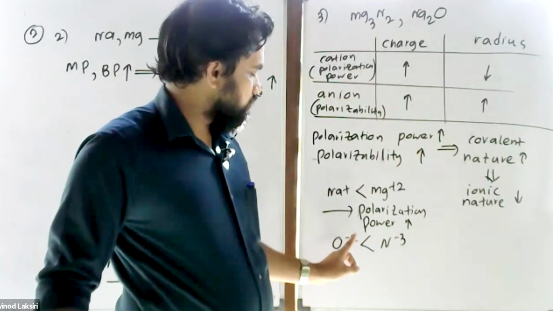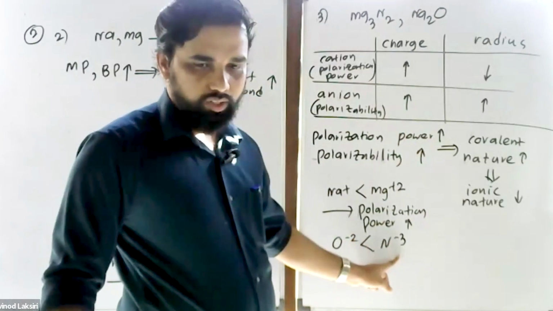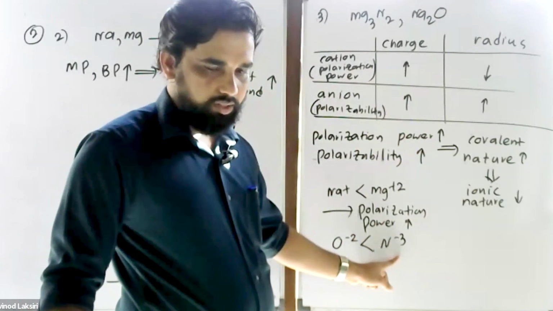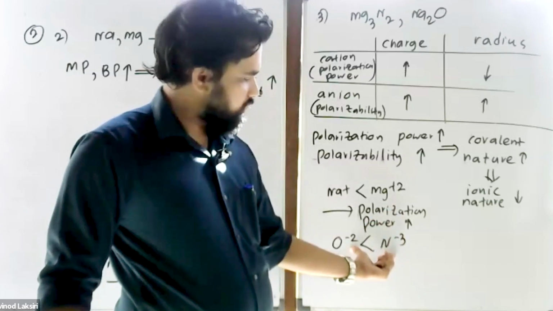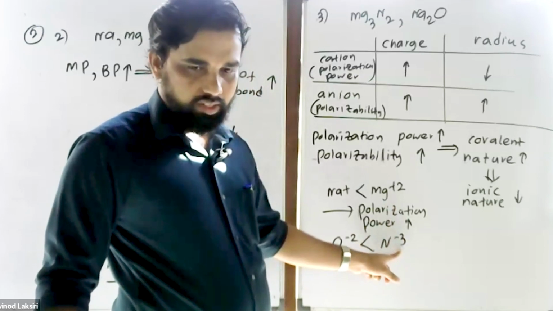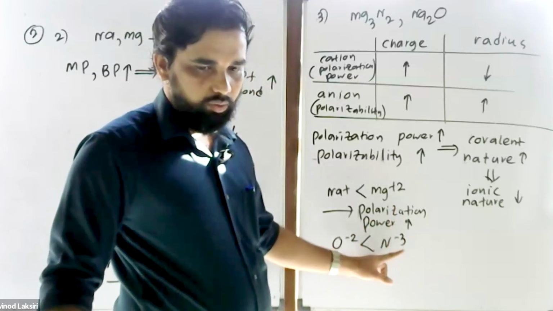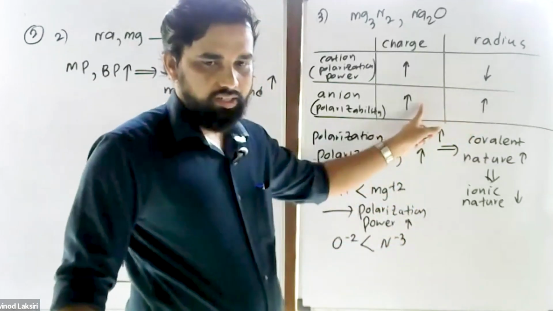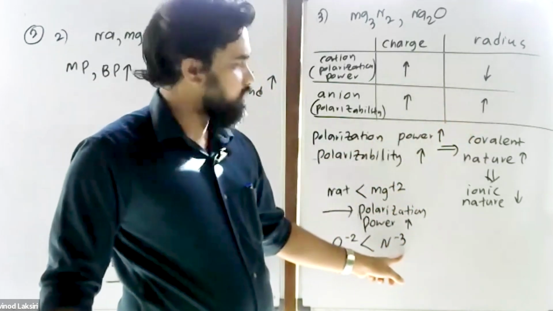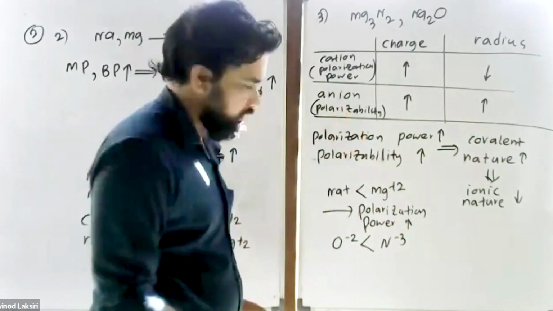Right? Because here also both are isoelectronic, the same number of electrons are present. When isoelectronic anions are considered, the anion containing higher charge has higher radius. Therefore, N minus 3 has a higher polarizability.